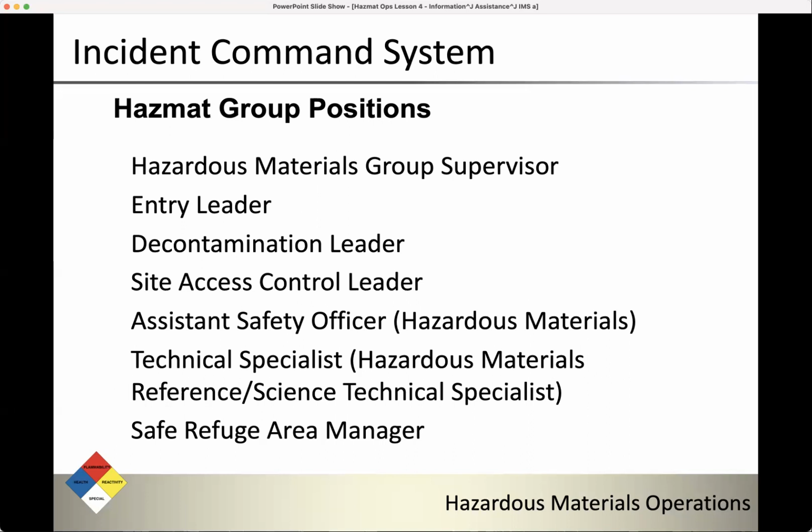Back to the assistant safety officer: you have the safety officer for the entire incident, and then you can have a hazardous materials safety officer as well. You can have a technical specialist, and then a safe refuge area manager. You don't have to have all these positions. These are just some of the positions that may be created depending on the size of the incident and the response needs.